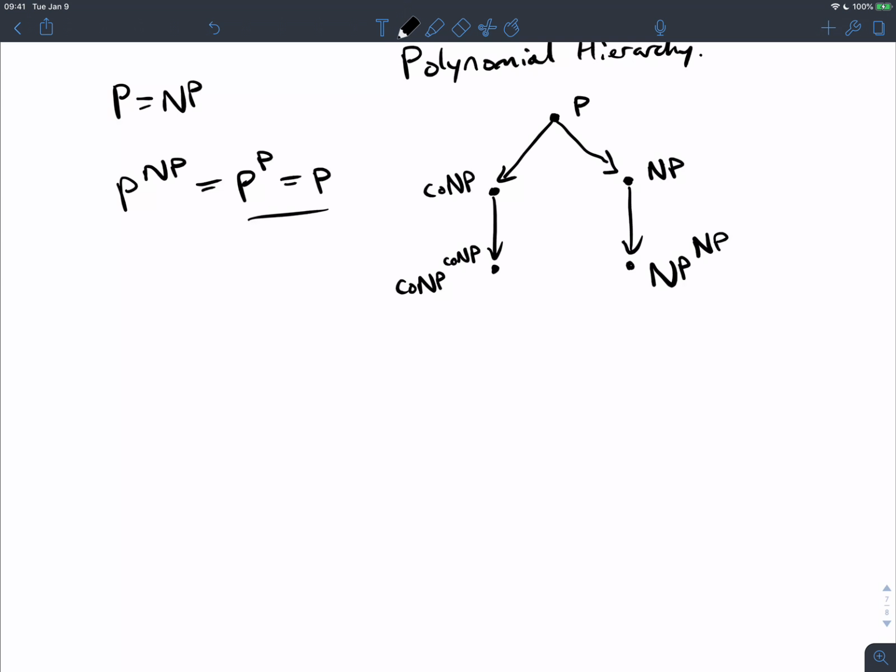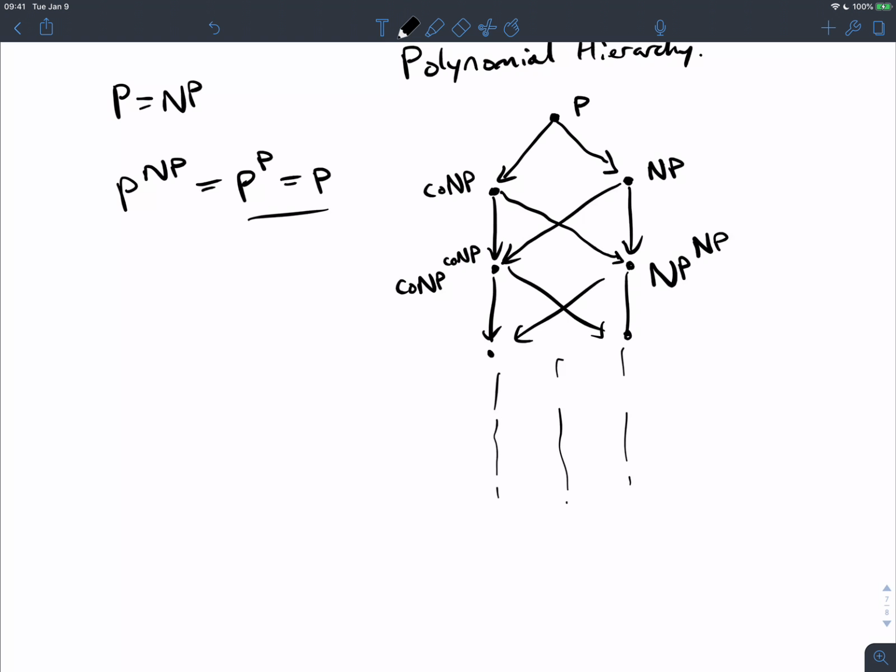It's not too hard to prove, but I won't prove it: the arrows also go across like this. Then we can go down one level deeper, say NP to the NP to the NP, and arrows go across. And then we can just keep going in this fashion, as high as we want.